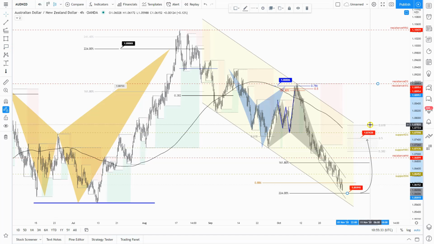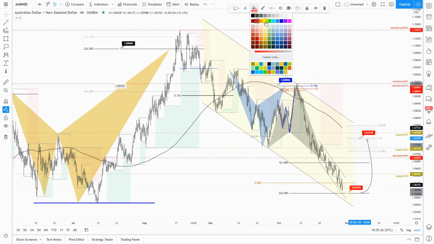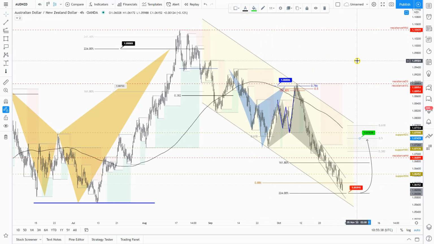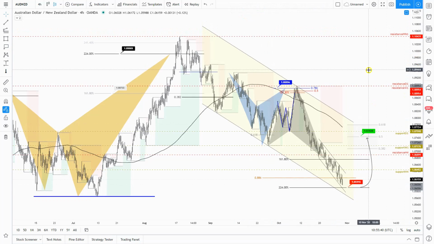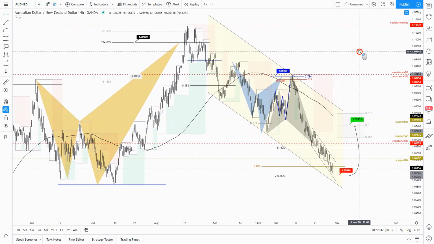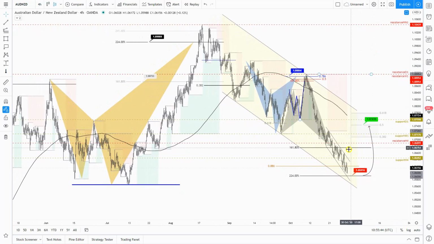above at 107.43. So this is the default target for the pattern, and as always we never know the outcome and we never know if the price will respect the pattern.